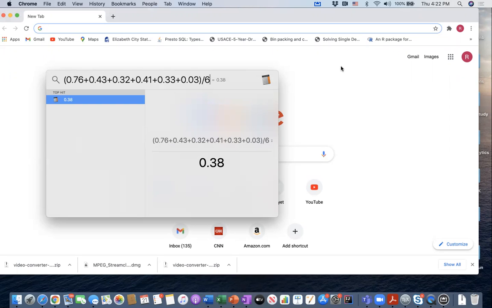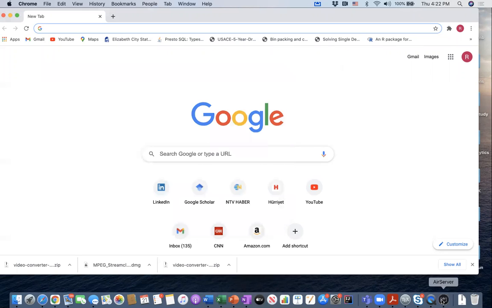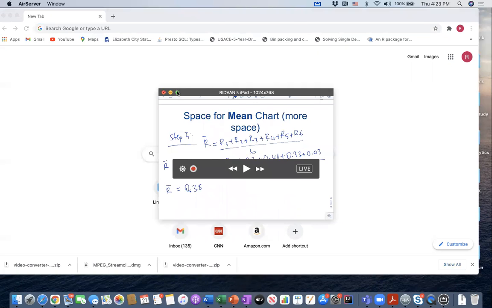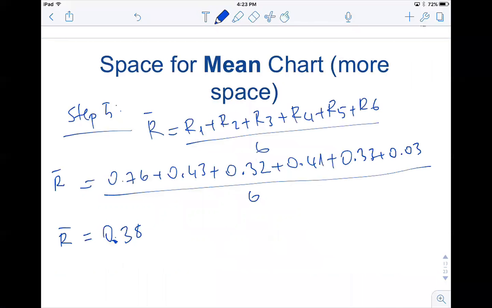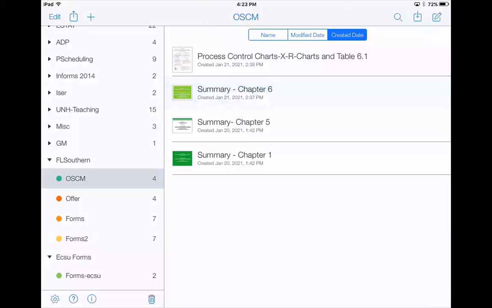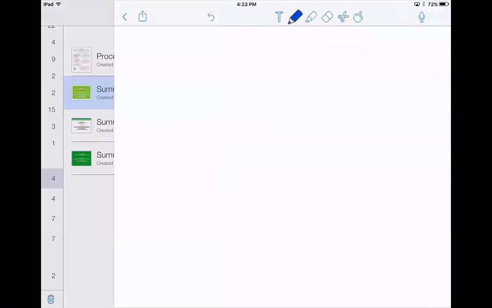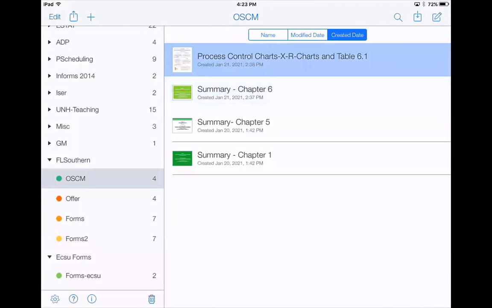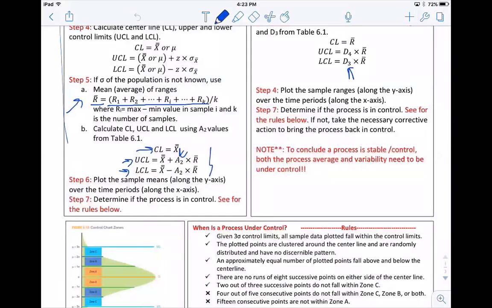All right, let's go back. That's step 5, part A, I believe. Okay, so in step 5, part A, I calculated my R bar, and then it says that now I can go ahead and calculate my center line, upper control limit, and lower control limit.